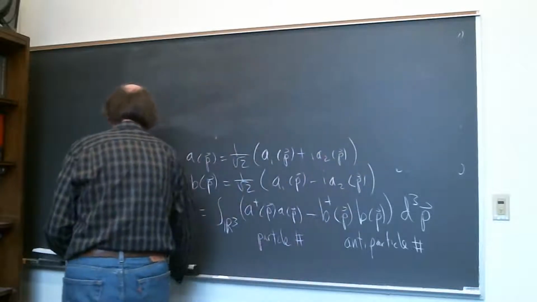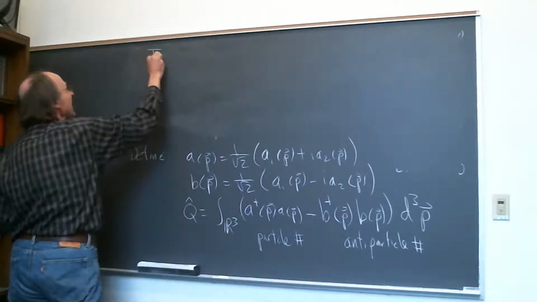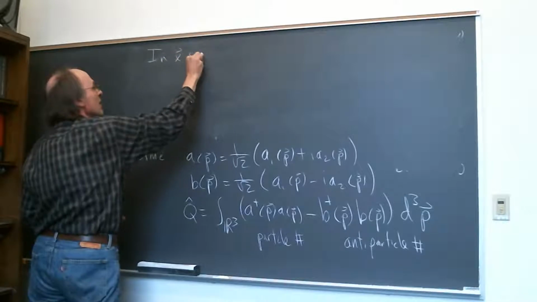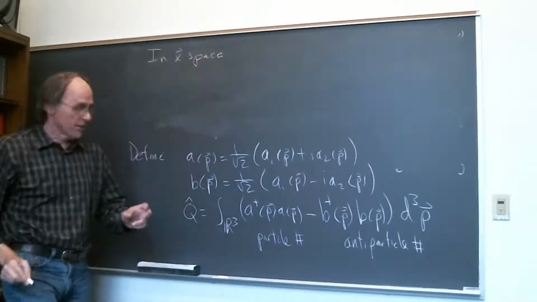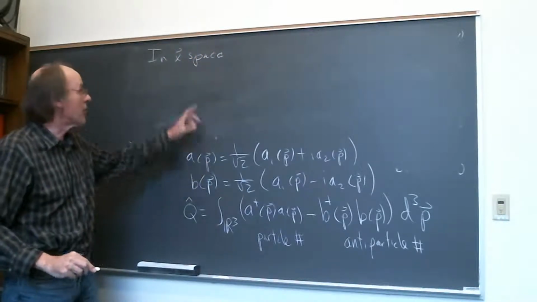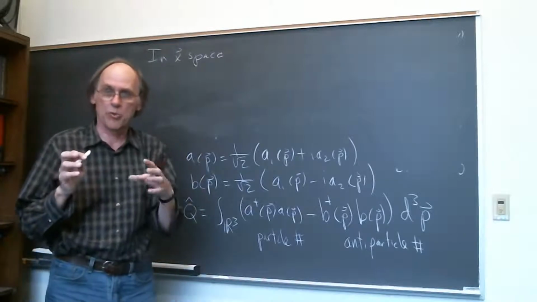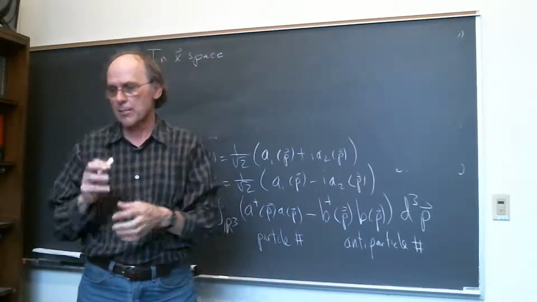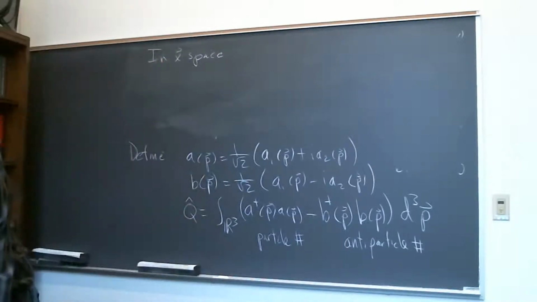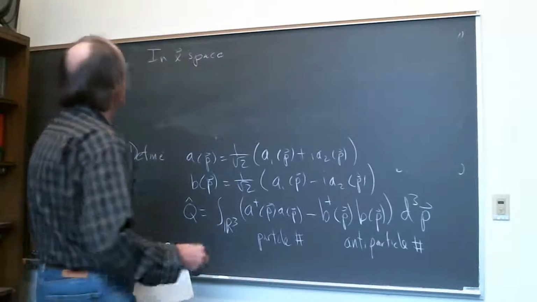So in X space, if you Fourier transform to X space, then your basic variables you're working with are these phi's and pi's.